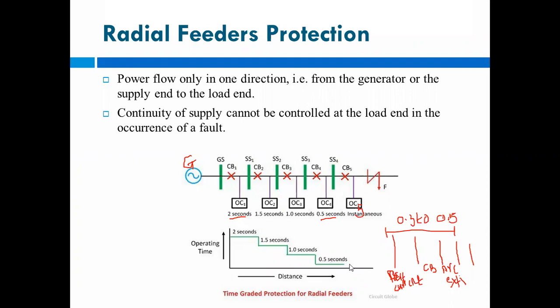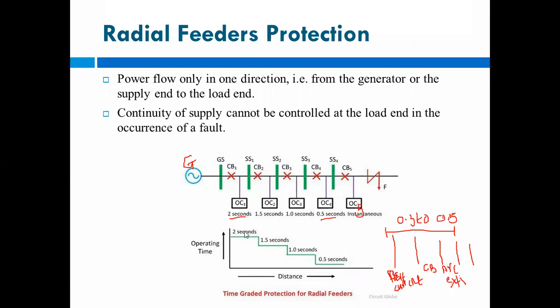For operating relay number 4, the time required is 0.5 seconds, and this OC5 is operating instantaneously, so that time can be set here. Then to operate this OC3, the time required is 1 second. Similarly for operation of OC2, the time required is 1.5 seconds.